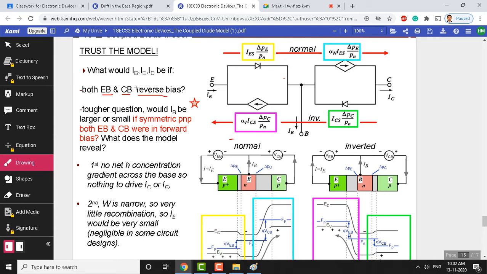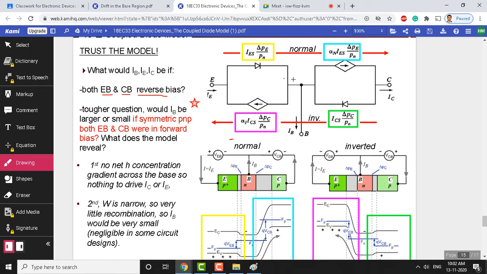Anybody can answer this question. You can just tell me whether they are large quantities, small quantities, or zero values.